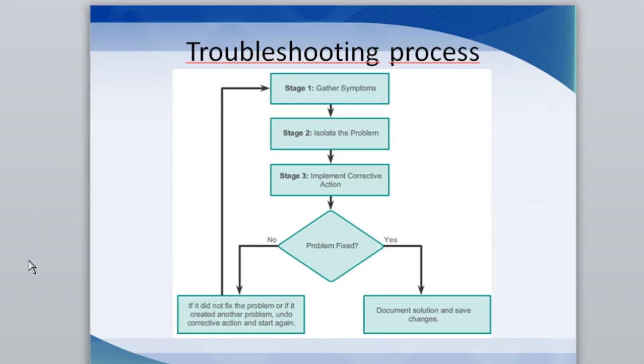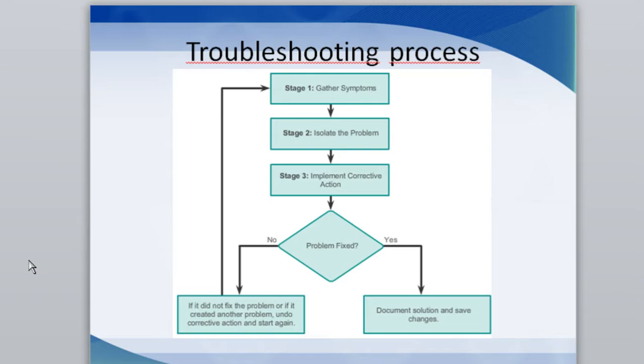The first stage, you gather symptoms. The second stage, you isolate the problem that you think is happening. And the third stage, you implement the corrective action to fix this issue. If your problem is fixed, then you should document the solution and save the changes in the necessary devices.